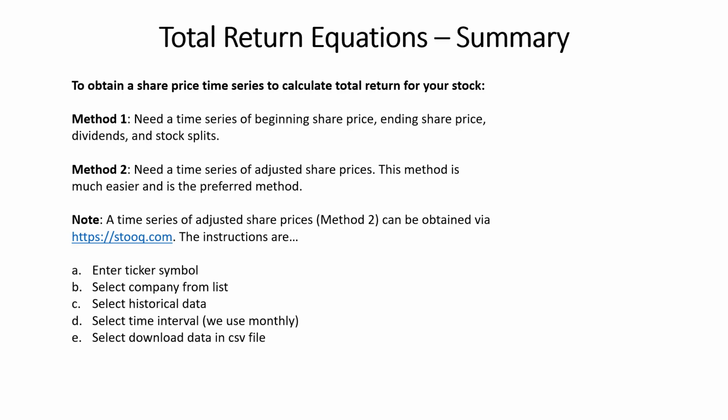Then we want to select historical data, which basically tells Stooq to give us the stock price history over the entire share price history. And then we want to select the time interval. Usually what I do is I select monthly. And then we want to select download data in a CSV file. And then you're done. And this is the time series that we'll use going forward to assess portfolio performance.